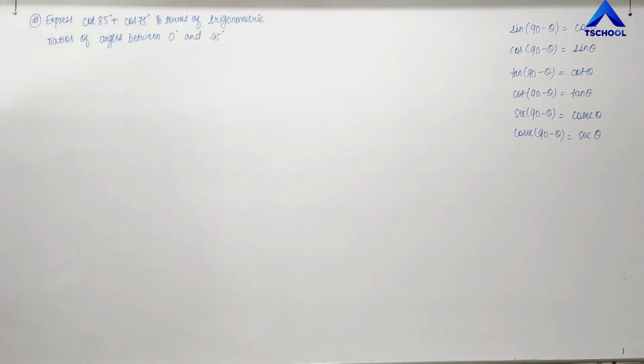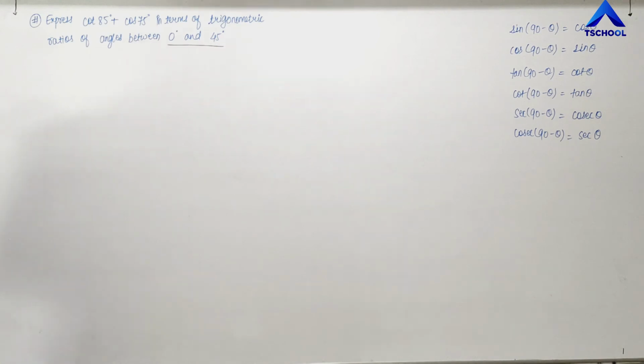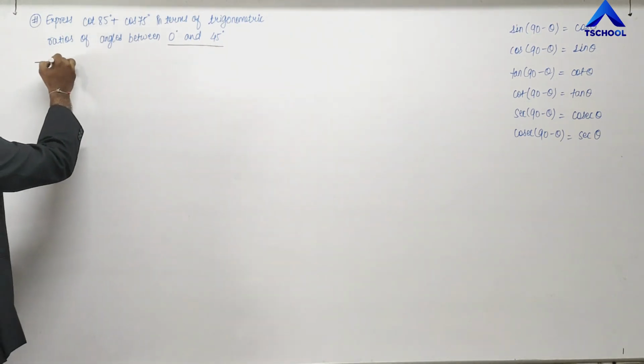Right? Express cot 85 degree plus cos 75 degree in terms of the ratios of angles between 0 degree and 45 degree. So we need to change the angles. Yes or no? Yes.